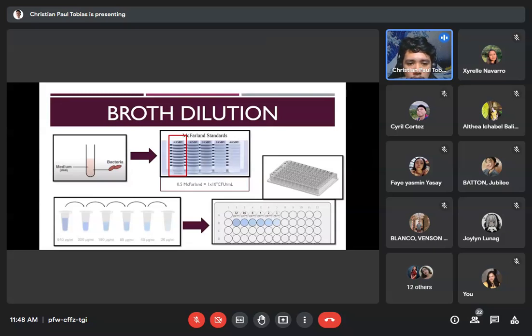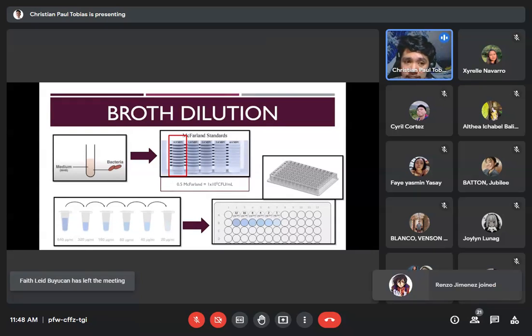So, we should have just gone straight to this to make it clearer. Being a medtech, you should know the laboratory methods. First, you need to prepare the McFarland. When we say McFarland, that's the standard turbidity or optical density of the medium and the bacteria.